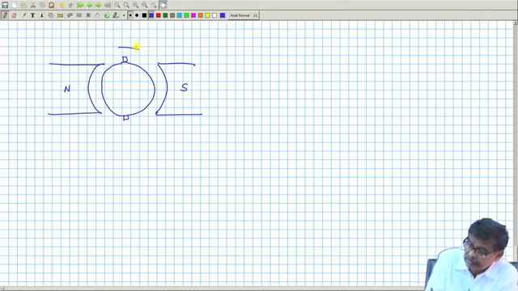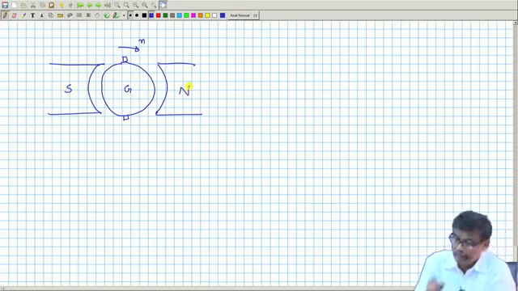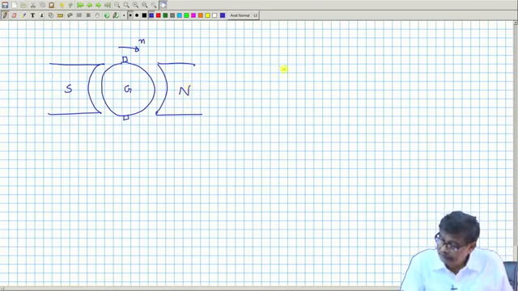Now, another important thing: this is the generator mode, this is the direction of rotation. I have assumed this is the south pole. Let me be consistent with this diagram. This is north.